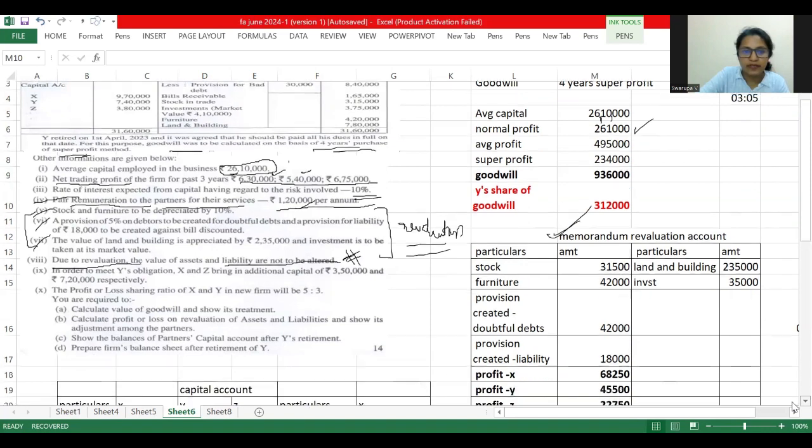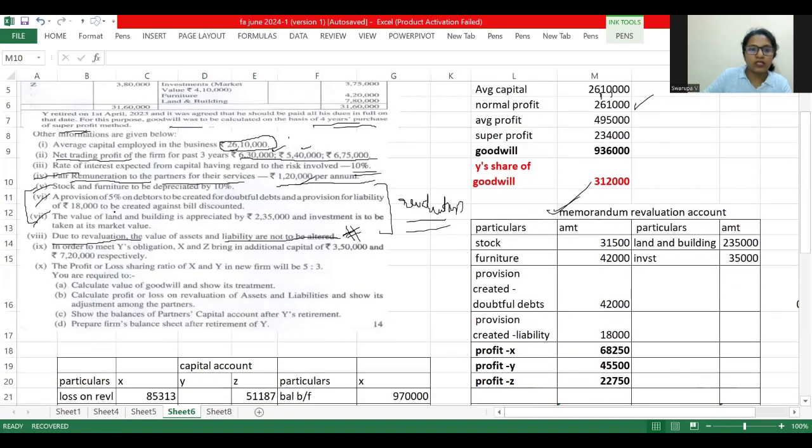So in the memorandum revaluation account, stock and furniture are to be depreciated by 10%. So we are bringing 10% of stock and furniture into the memorandum revaluation account, debit that account respectively. Then 5% to be created towards doubtful debts and 18,000 to be created towards bills discounted.